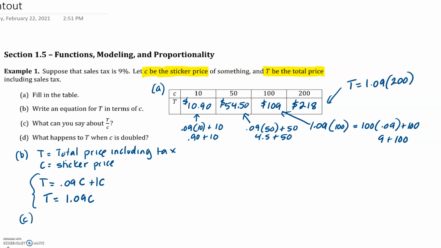So part C. What can you say about T over C? Well, let's just check it out each time. In the first case, we would have 10.90 over 10. That would be 1.09.